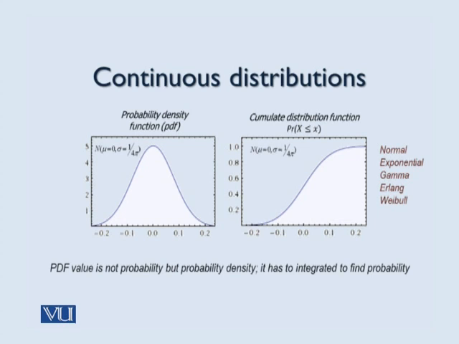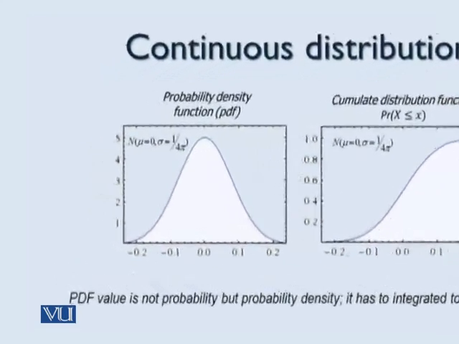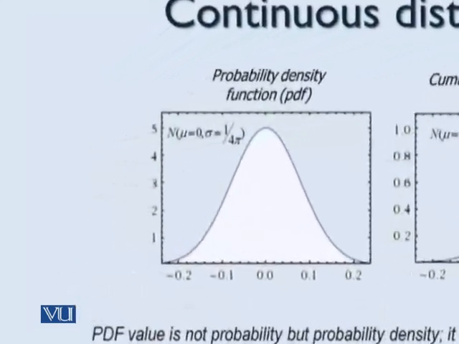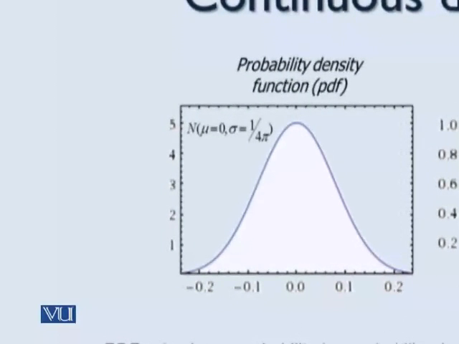We have to integrate this density over an interval to find the probability. To emphasize this, I've chosen a special curve in which the density values are actually more than 1. This would never be the case when you have probabilities on the y-axis.